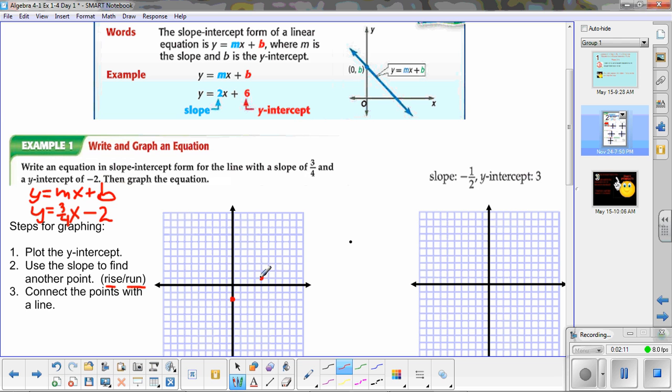Now technically you only need those 2 points to make your line, but in order to help make the line a little more accurate, I'm going to go ahead and find another point. I'm going to rise 3 again and run 4. Now I'm going to connect those points with a straight line.